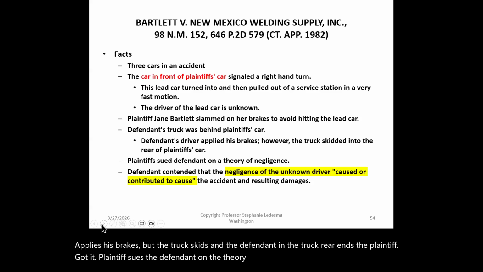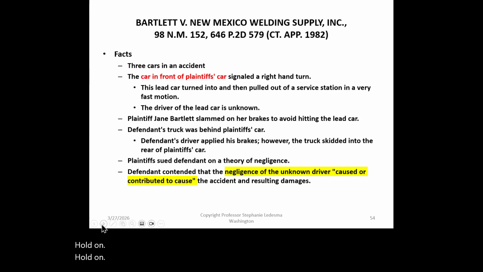The defendant contends, hold on, I ran into the back of the plaintiff's car, but this accident was caused by the unknown driver's reckless or poor behavior.